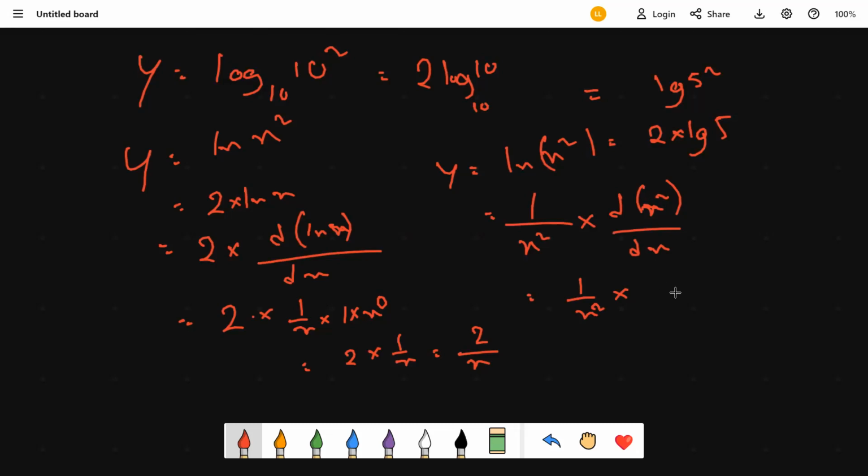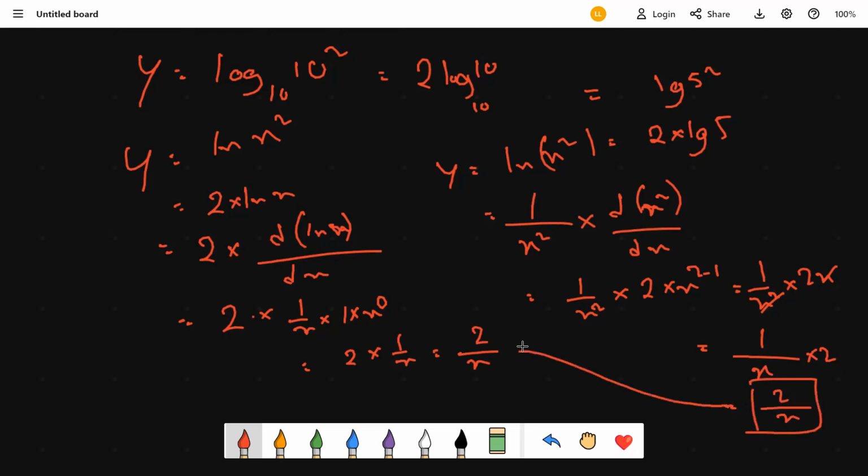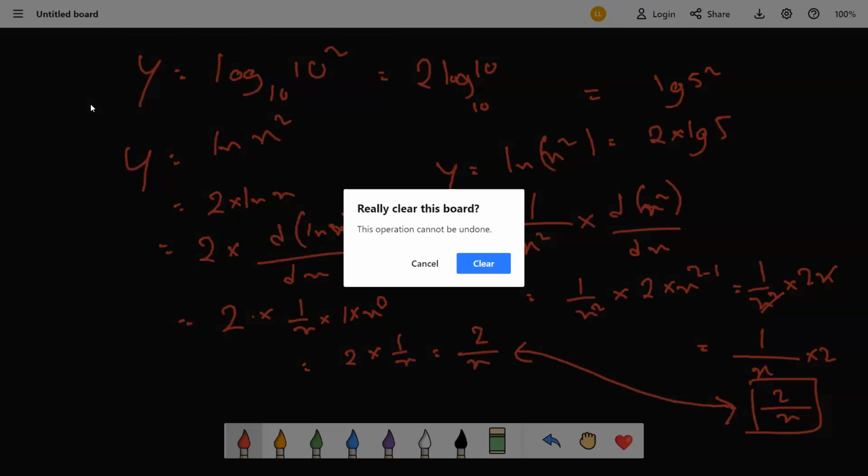The 2 is going to come in front, so 2 times x to the power 2 minus 1, which gives 1 over x squared times 2x. Now this x and this x cancel out, and in the denominator the remaining is 1 x. That gives us the value of 2 over x. You can observe that these two values are equal. So in these two ways we can deal with this differentiation.